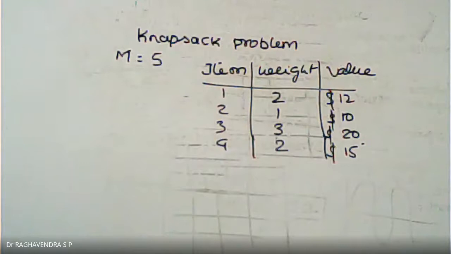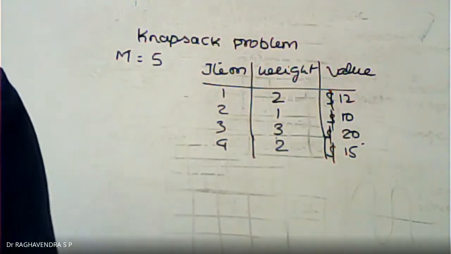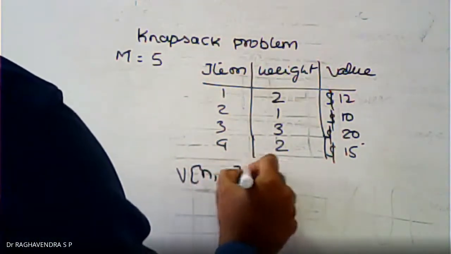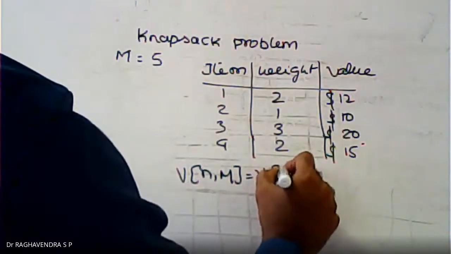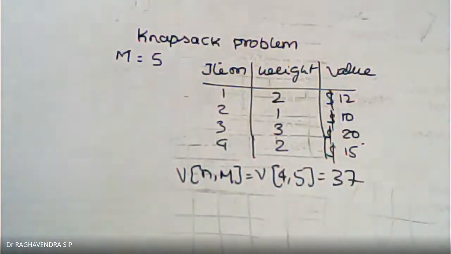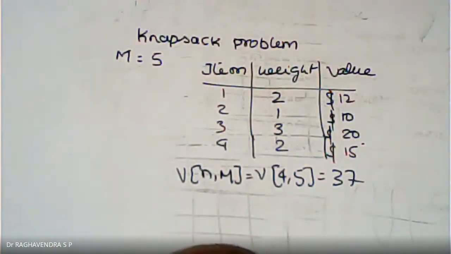So when you solve this problem using the dynamic programming concept, V of n comma m, which is equal to V of 4 comma 5, we have already obtained 37. So let us find out whether we are going to get the same solution here also.